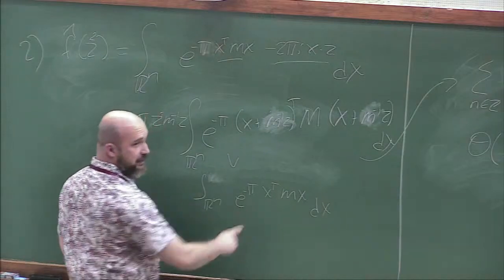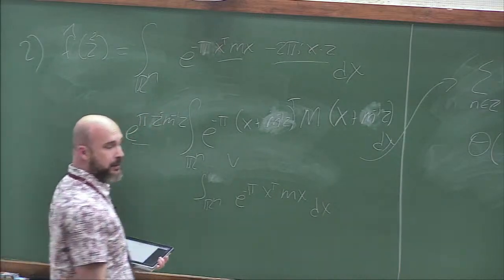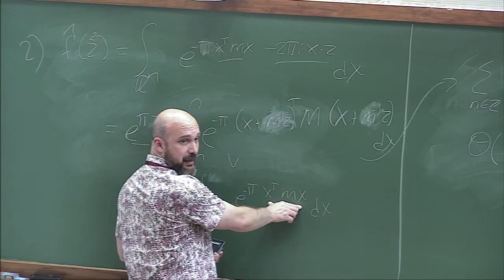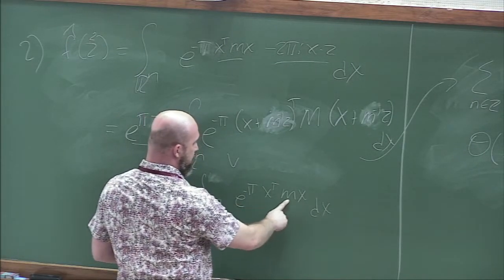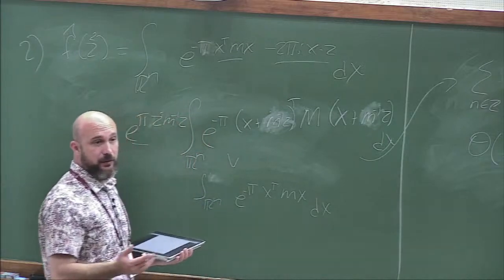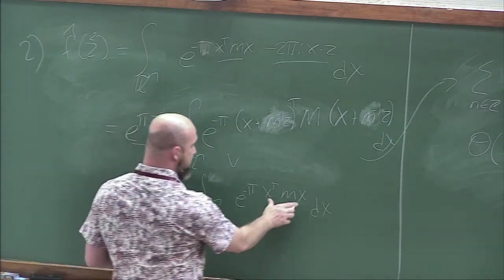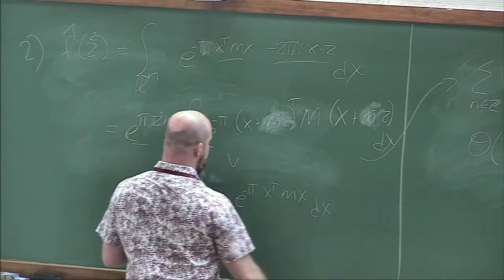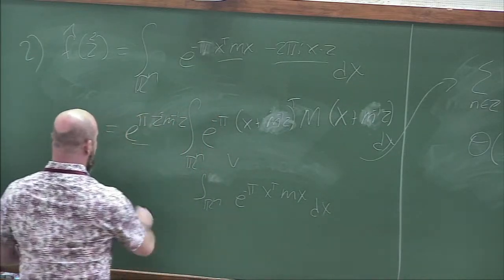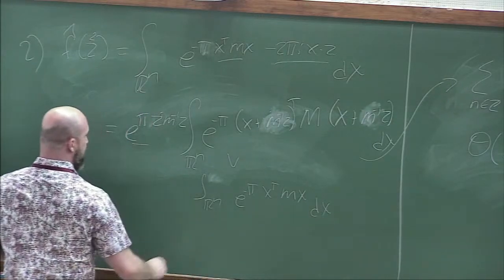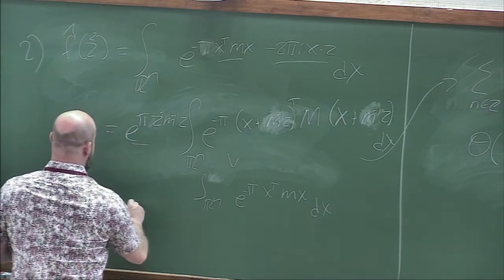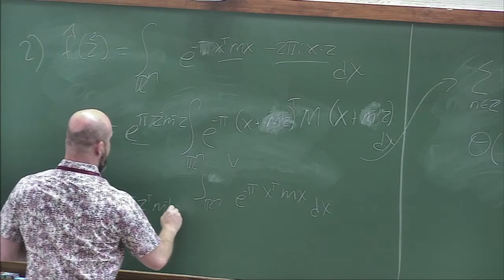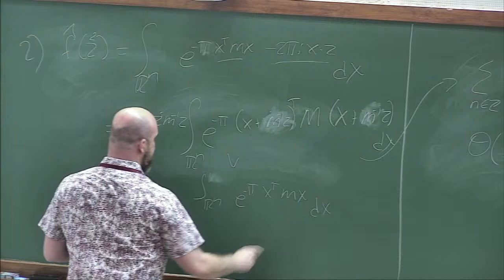In order to evaluate this, there's a couple of different ways we could go. We could do a change of variables to diagonalize our matrix. M can factor into two component matrices. We could do that change of variable to get rid of everything completely, and we'll get a Jacobian. Altogether, out of that, we'll have this piece on the outside, e to the pi z transpose M inverse z.